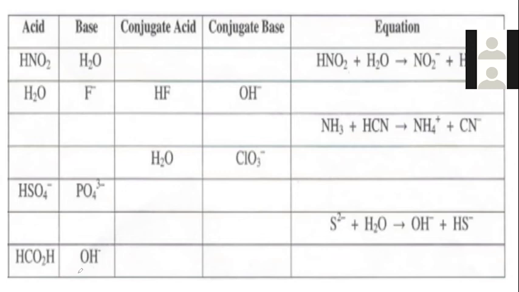Sure. Which one is the acid here? Which one is the base? Here we have ammonia, and here we have hydrogen cyanide. Who's donating a proton? Is it hydrogen cyanide or ammonia? Yeah, hydrogen cyanide is.